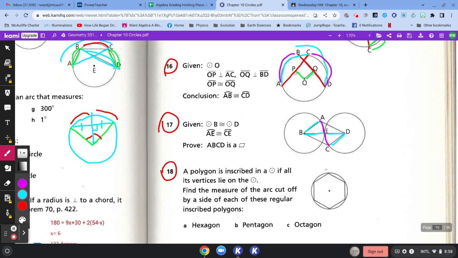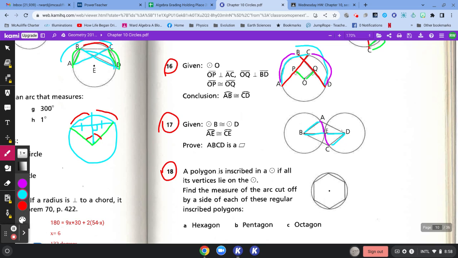So one way to prove this is if you can prove two pairs of opposite sides are congruent, then you'll be able to prove that it's a parallelogram. So there's actually a path to doing that. There's also a path to proving that AB and CD are parallel. So if they're parallel and congruent, then it's a parallelogram. I'll first explore that because that's a pretty simple one.